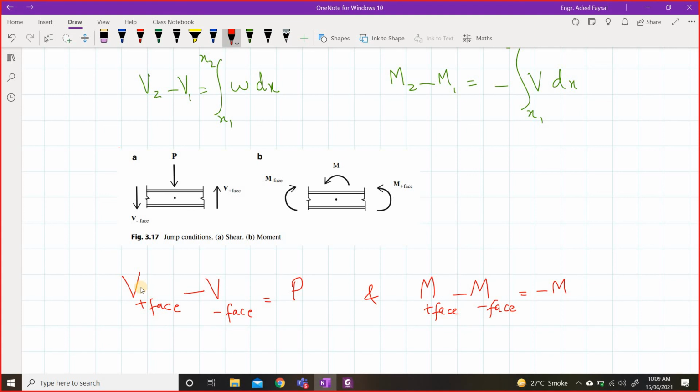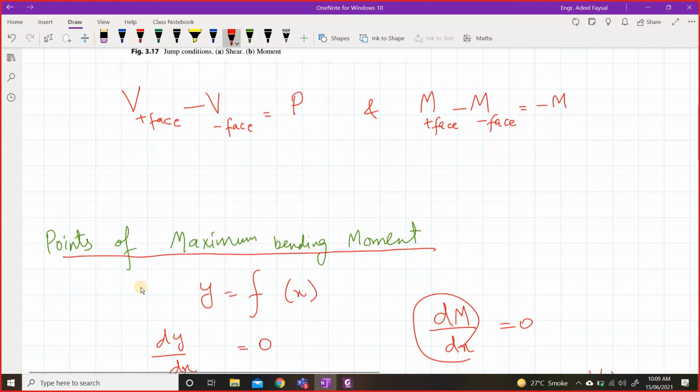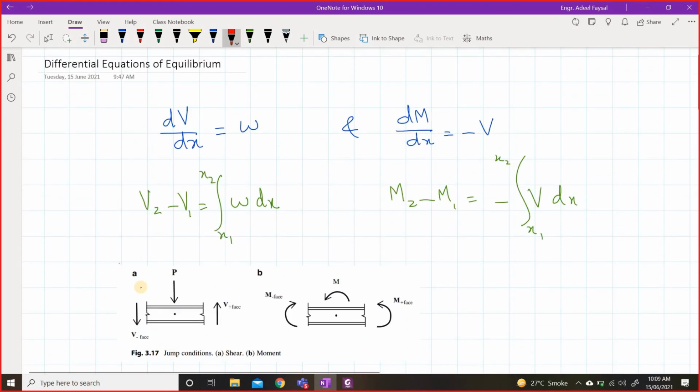It is V positive face minus V negative face equal to P. You shouldn't rewrite it like V negative face minus V positive face, because this equation is actually V positive face minus V negative face equal to P. Similarly, the moment equation should be written the way it is written. Okay, so now let's go on to the numerical problems.